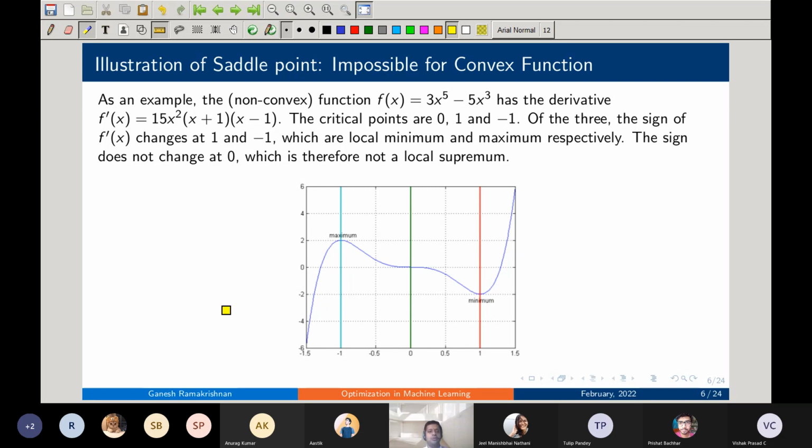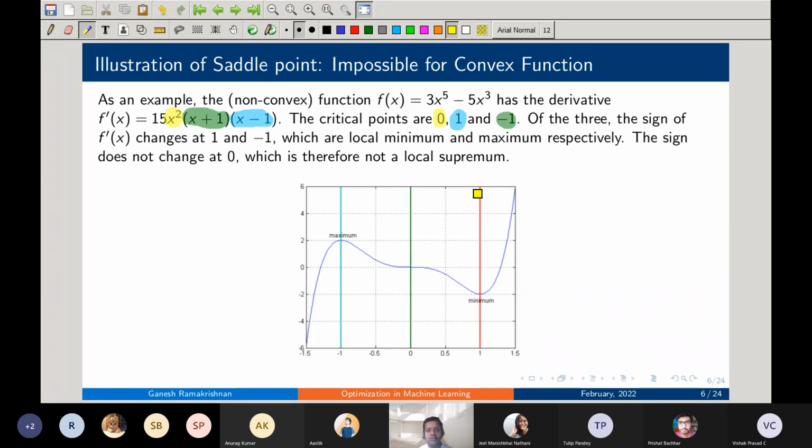So the critical points correspond to this part. Set x plus 1 to 0, you'll get minus 1. Set x minus 1 to 0, you'll get 1. And finally, if you set x squared to 0, you'll get 0. Of the three, the sign of f'(x) changes at 1 and minus 1. They are the local minimum and maximum respectively.